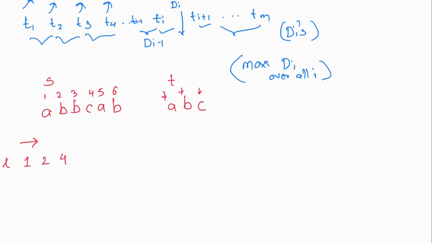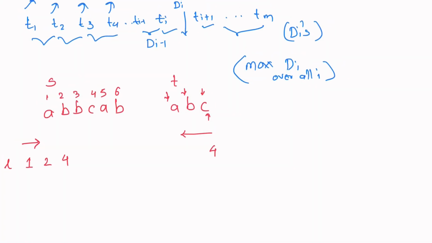Now for the second type of information, I need the same information but going in reverse order in t. The first position from right to left where I find c is 4, so I will put 4 here. Now let's move towards b. The first position from right to left in s where I find b is position 3. And then let's move to a.